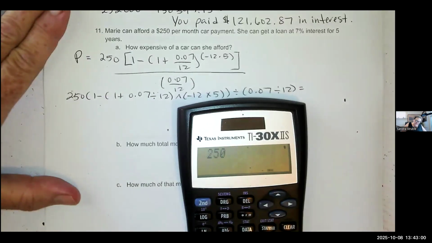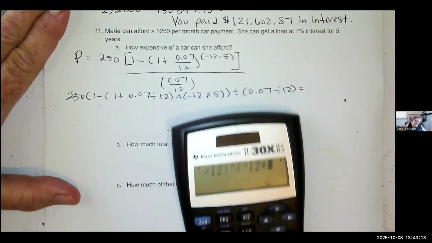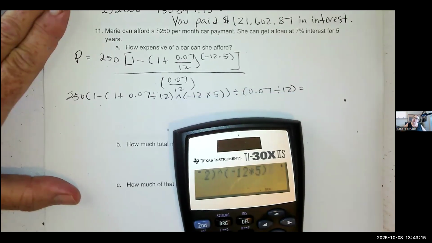250, open, 1 minus, open, 1 plus 0.07 divided by 12, close, caret, open, negative 12 times 5, close, close again, divided by open, 0.07 divided by 12, close, and equals.